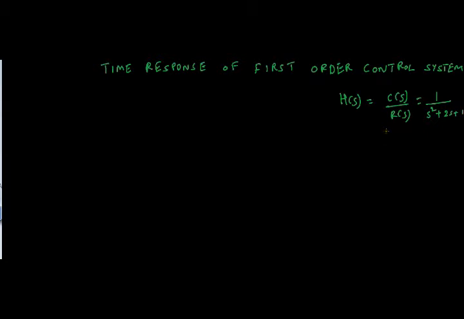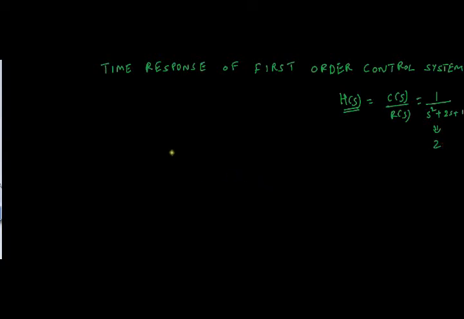They'll ask you what the order of this control system is. The order of a control system is defined as the highest power of s in the denominator of the control system transfer function. In this case, the highest power of s in the denominator is 2. Hence the order of this control system is 2.